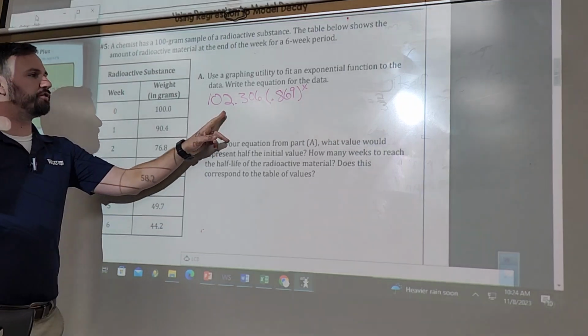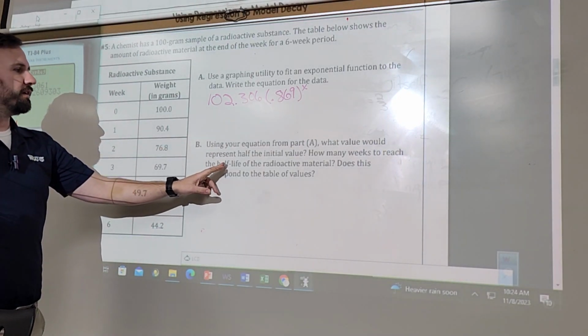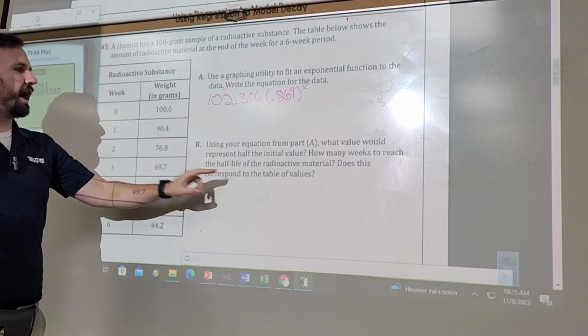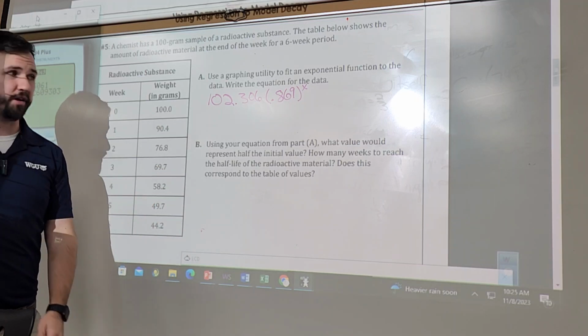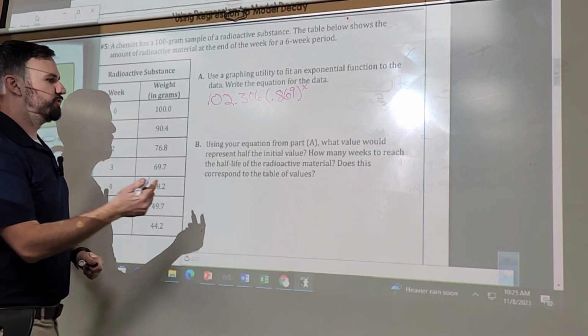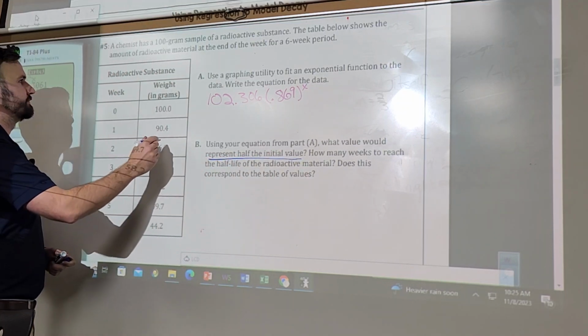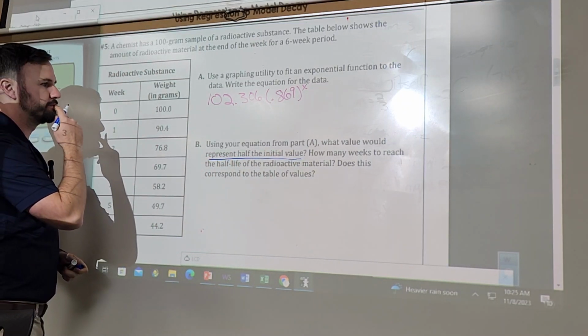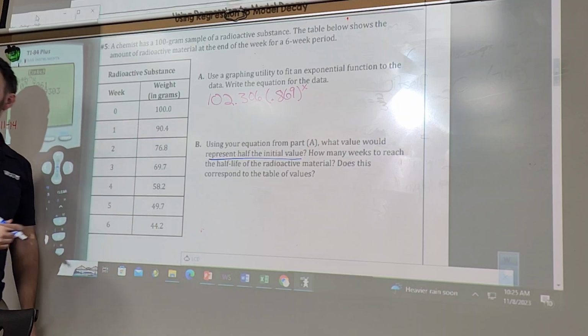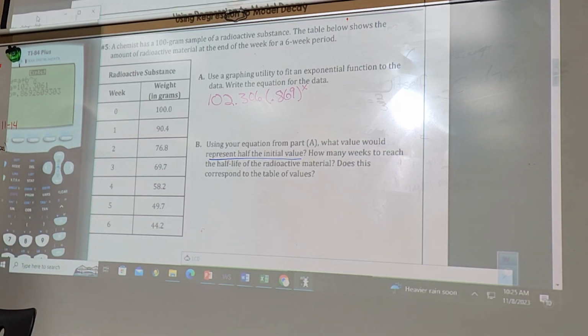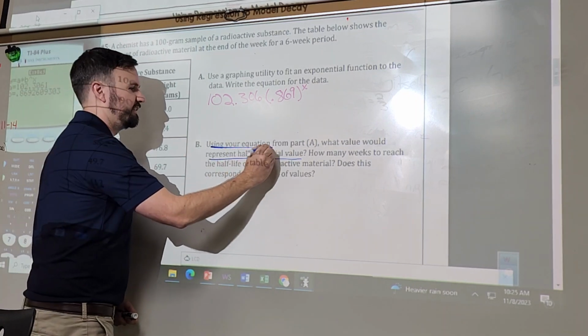Now, using my answer from part A, it's like 3 questions. Let's answer the first one in blue. What's my initial value? 100. What does the question say?